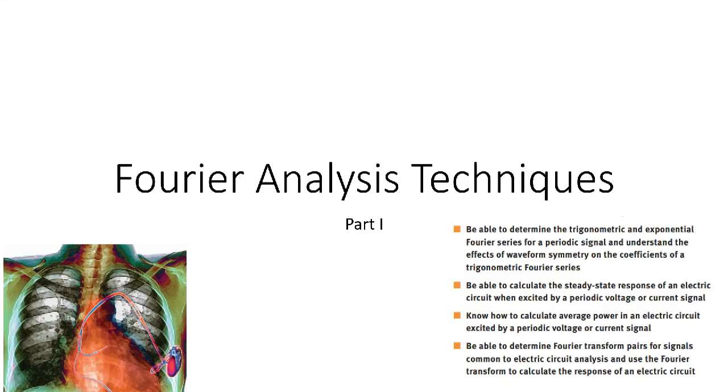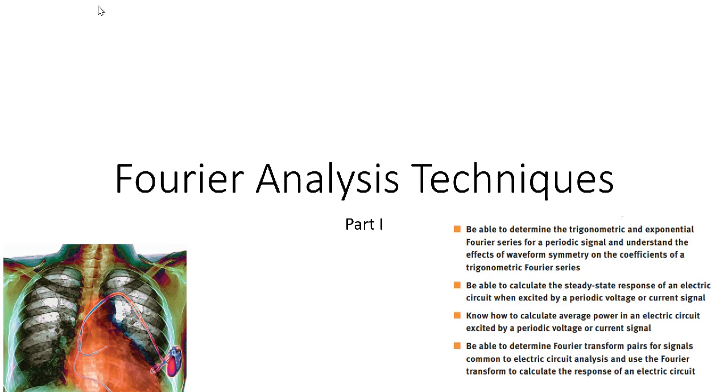Hello everyone, this is our first lecture on the Fourier analysis techniques. This is basically chapter 15 of the 10th edition of the Irwin book. In this chapter we will study Fourier analysis, and that includes the Fourier series and Fourier transform.